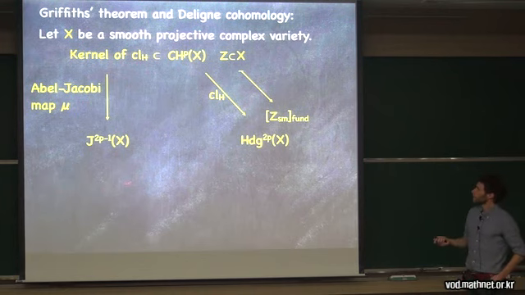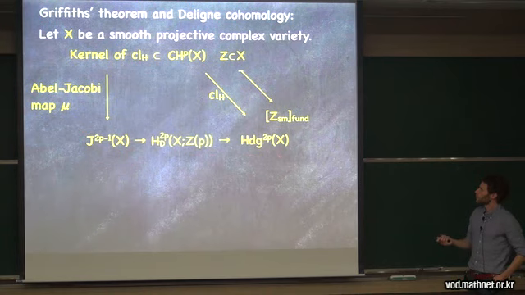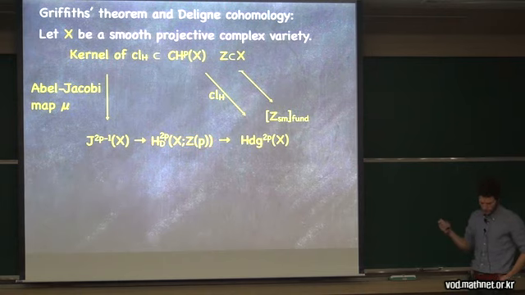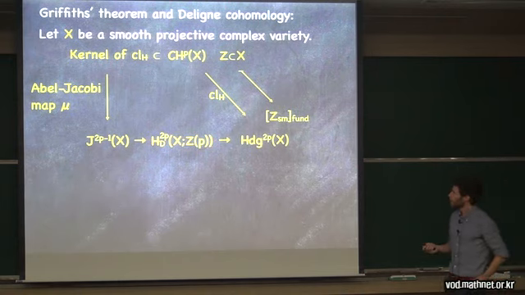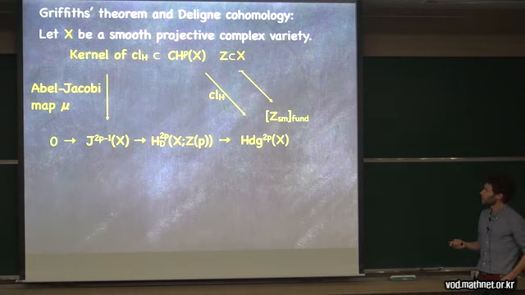Now these two maps and these two groups are actually connected by something that sees both of these maps, and that's the so-called Deligne cohomology of my smooth projective variety X. The Deligne cohomology sits in a short exact sequence: the Jacobian injects into the Deligne cohomology, and the Hodge classes, these cohomology classes, are a quotient of Deligne cohomology.